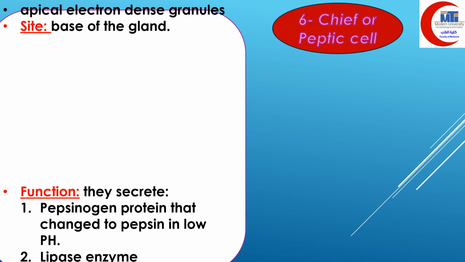Now we are going to talk about the chief or peptic cell, which is responsible for production of the digestive enzyme pepsinogen. This cell is a typical protein secretory cell. What are the characters of a typical protein secretory cell?